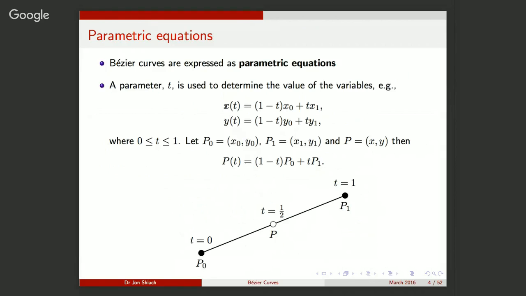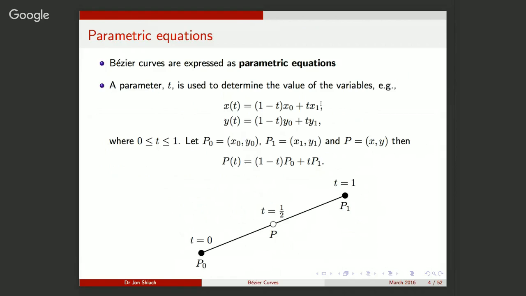So if we have, for example, an equation of a straight line, a point on our line would have an x and y coordinate. And the x and y coordinate can depend on that parameter t. Let's say we have a line joining points x0, y0, and x1, y1. Those are the 2 endpoints of our line. t is a parameter, and that parameter is in the range 0 to 1.